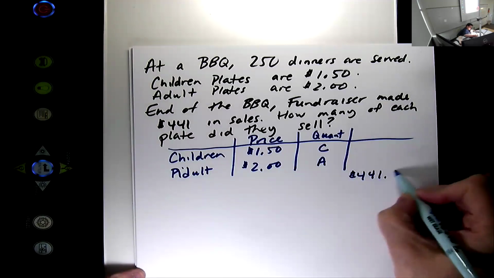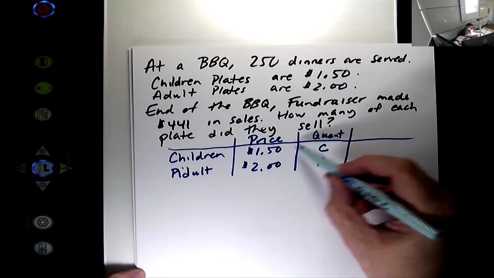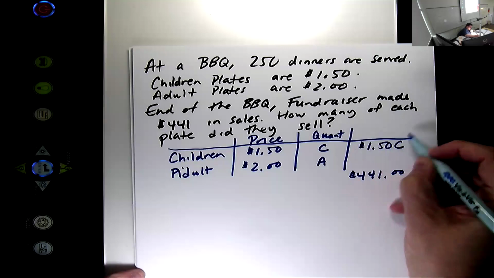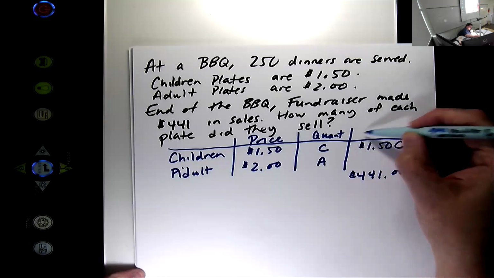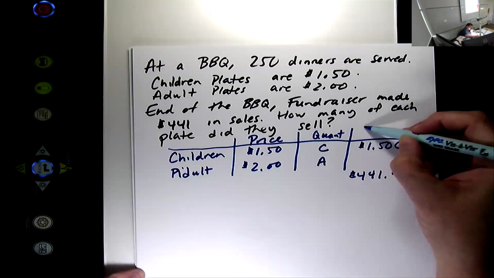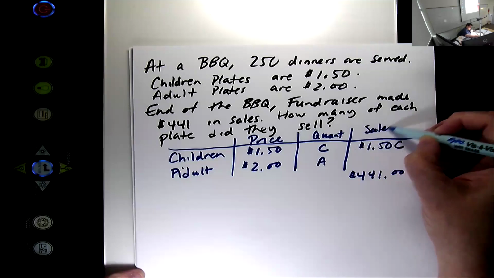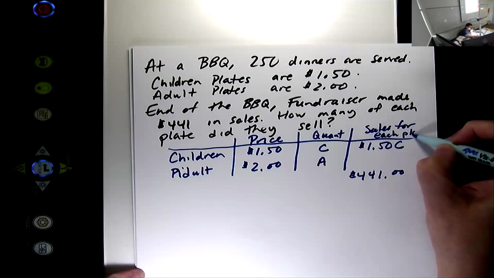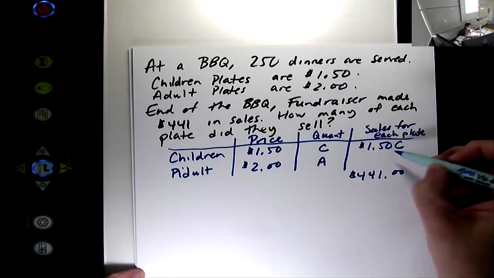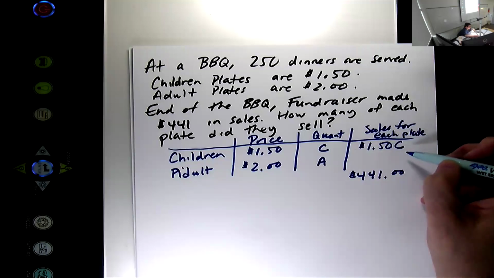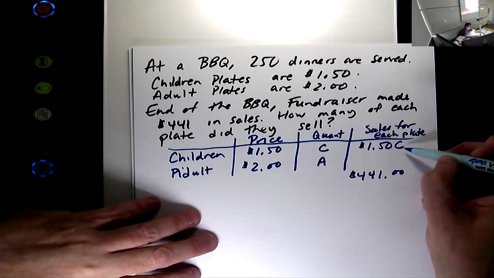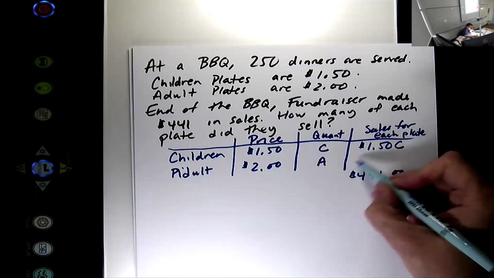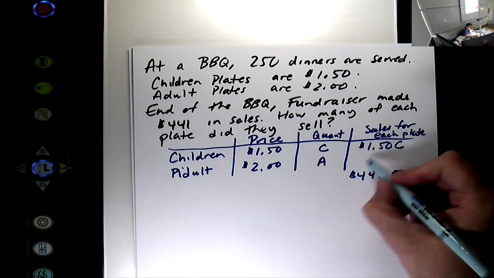It's the sum of the price times the quantity: $1.50 times C is the sales for each plate type. So like if we had C equals 10, we sell 10 plates, it's $15. That makes sense? And so that comes through multiplication.